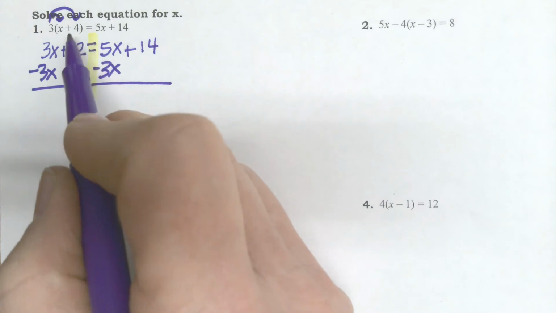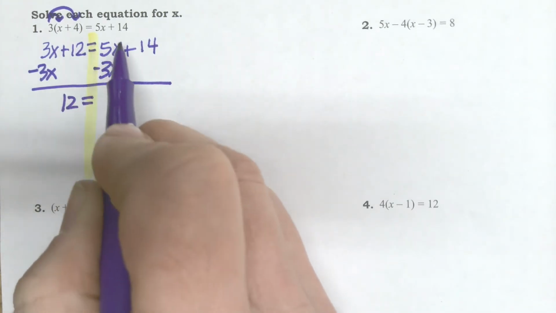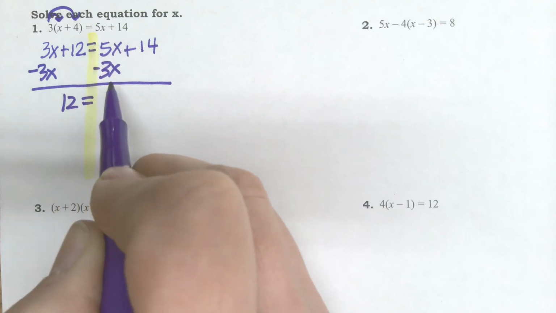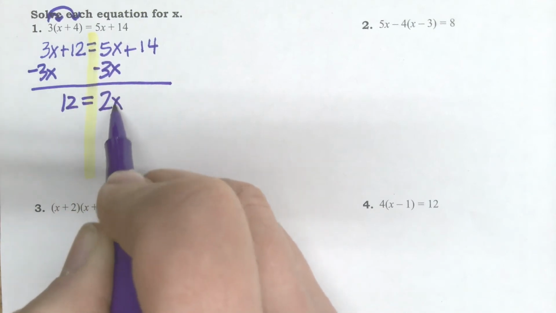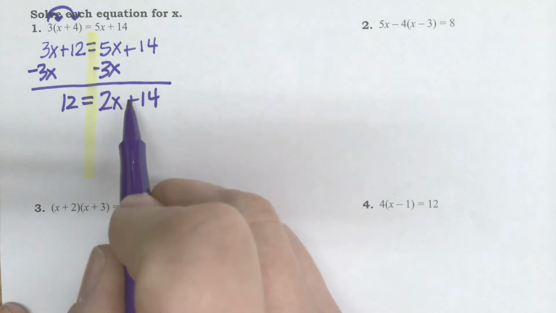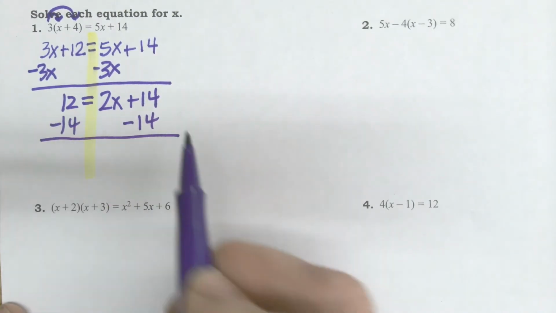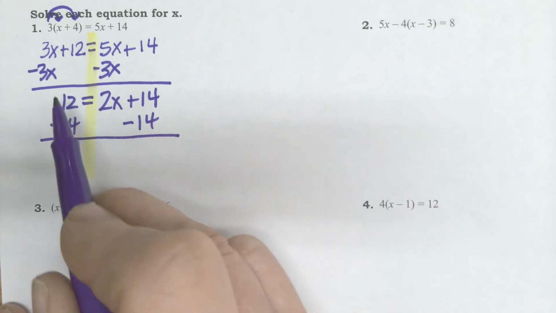So on the left, I'm left with 12. On the right, what's 5x minus 3x? 2x. 2x plus 14. And then I can continue to solve. I need to get the variable alone. So my next move would be to remove the 14. Again, from both sides. 12 minus 14.